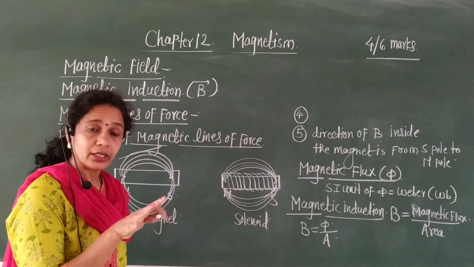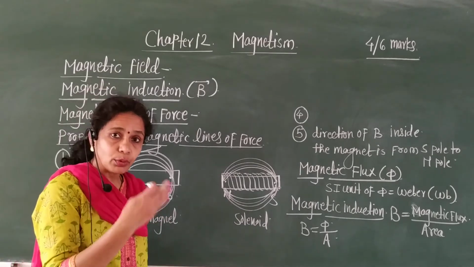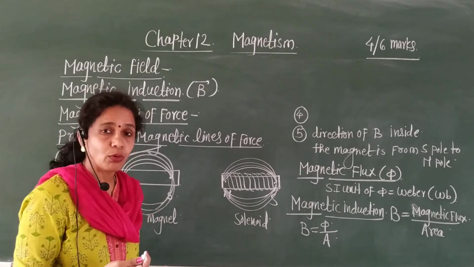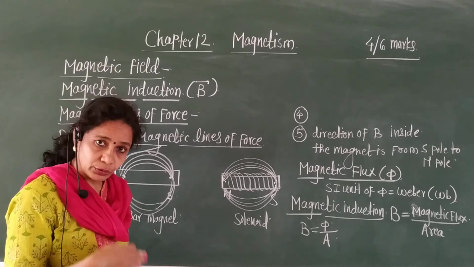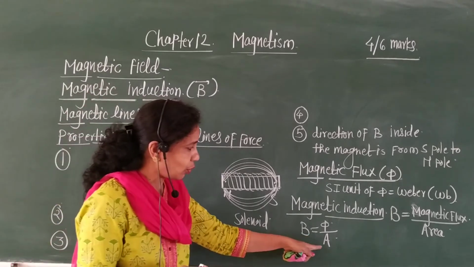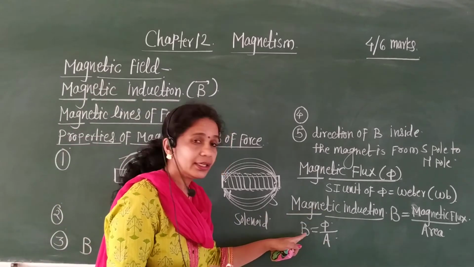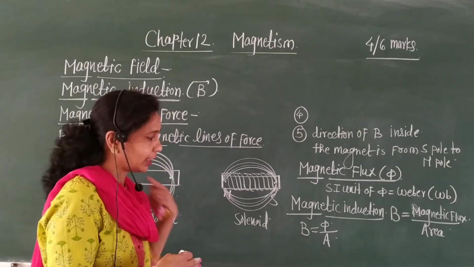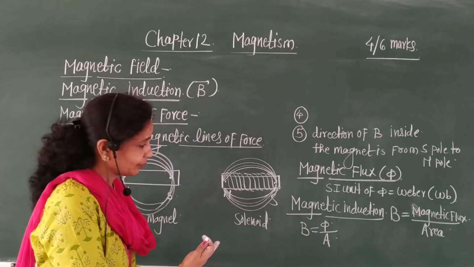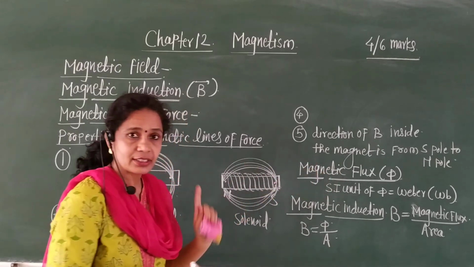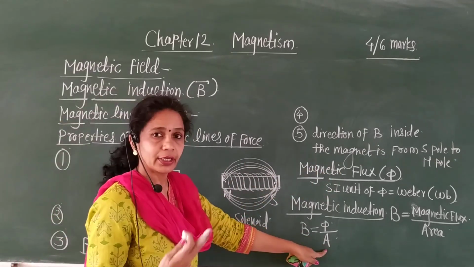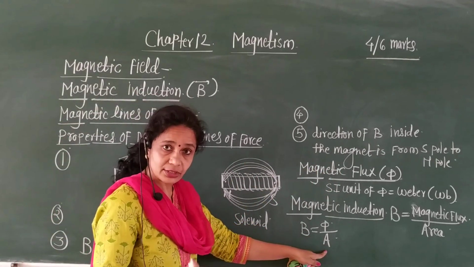This is the definition of magnetic induction. The number of magnetic lines of force passing through the unit area is called magnetic induction B. Then what is its SI unit? The unit of phi is Weber. Unit of area is meter square.